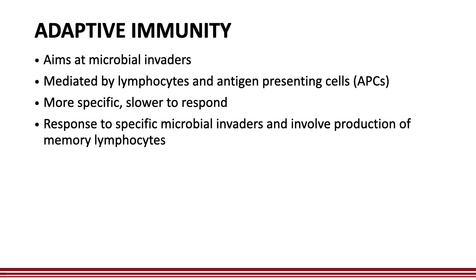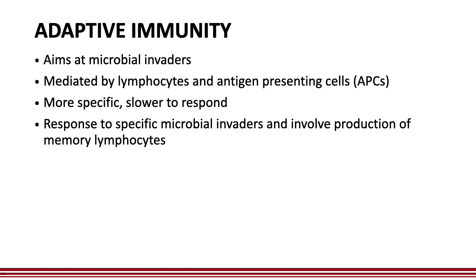In contrast, adaptive immunity is mediated by lymphocytes and antigen presenting cells. It takes time for them to respond because these cells need to be primed. They need to have prior sensitization before they can mount an immune response that is specific to whatever organism it is.